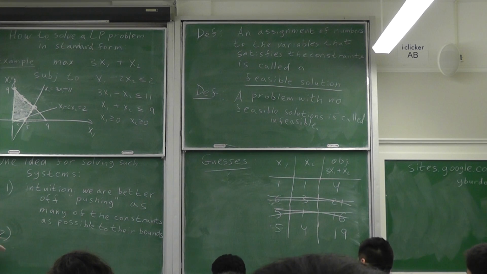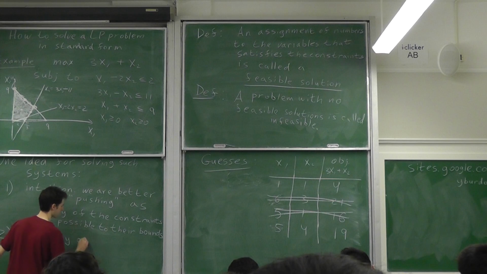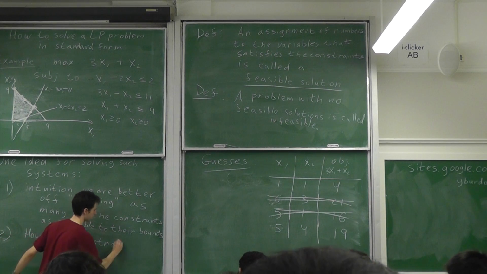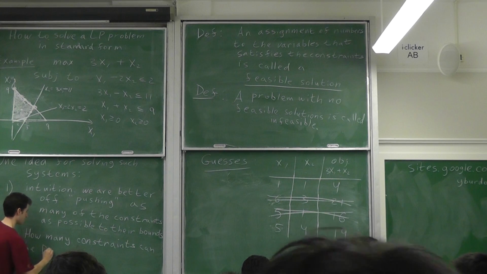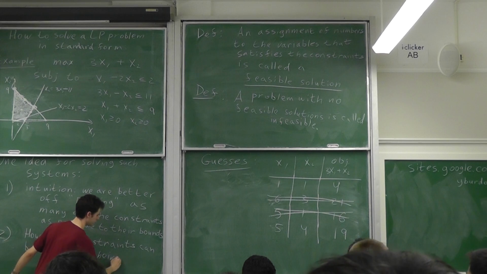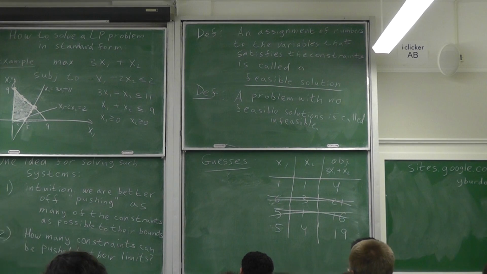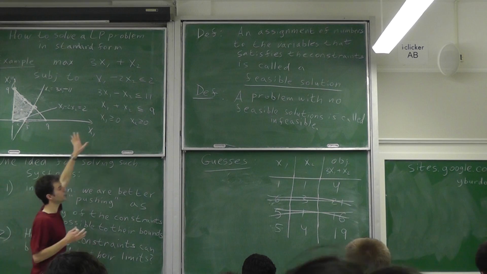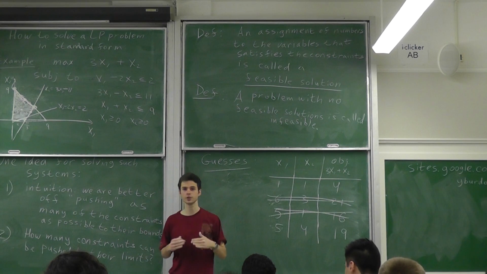Next observation, as you said, how many constraints can be pushed to their limits? Well, linear algebra tells you the answer. If you have n unknowns and you want to get just one point, impose n equations.